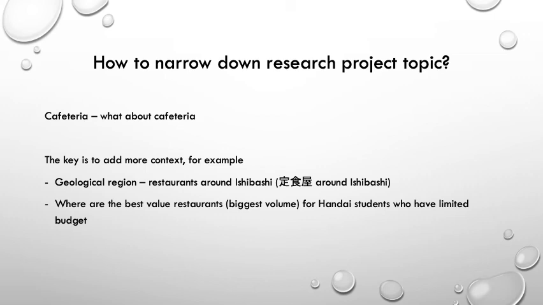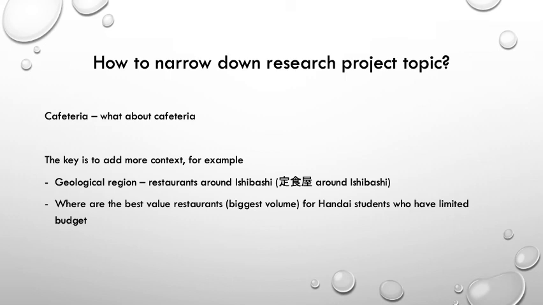Okay. For example, one of students' favorite topics, okay, also my favorite topic, is about cafeteria. Now, if you say you want to research about cafeteria, it's great, but what about cafeteria? Okay. The key is to add more context to it.